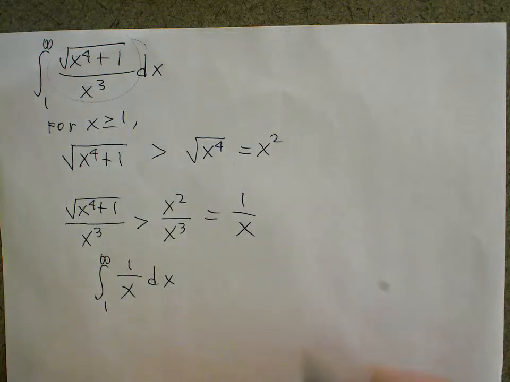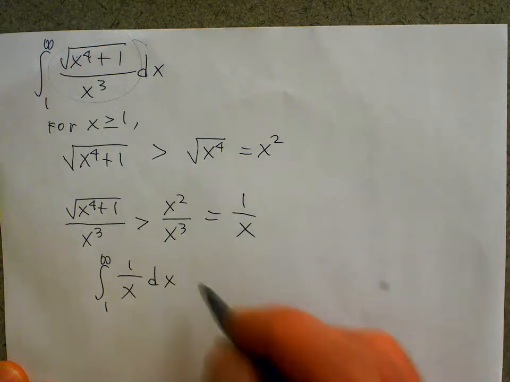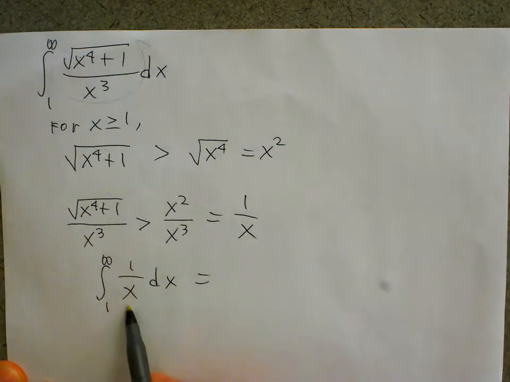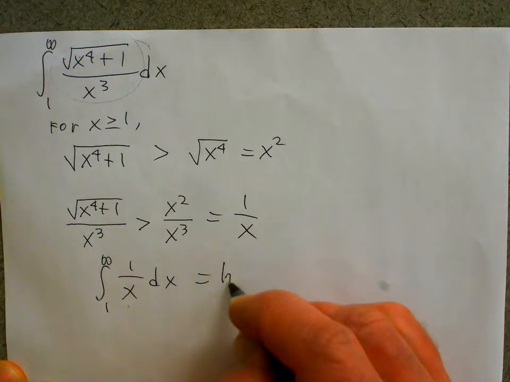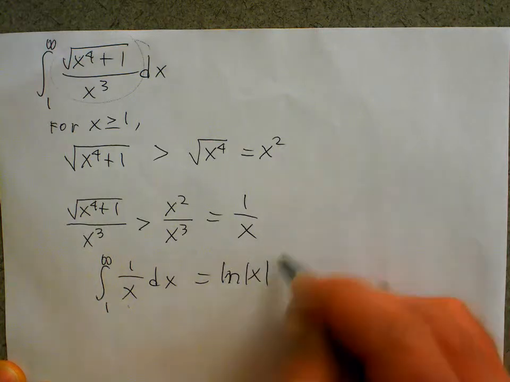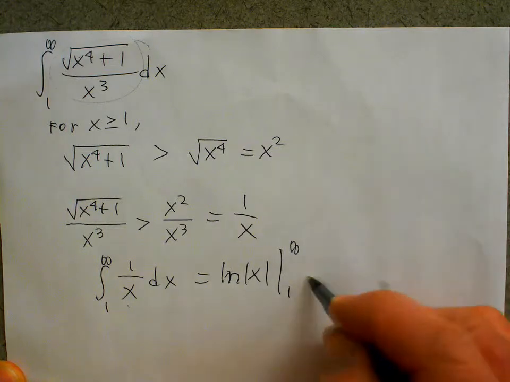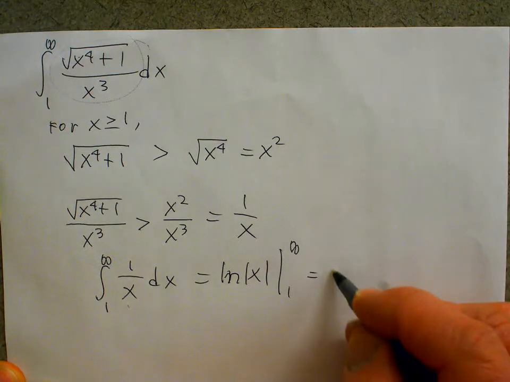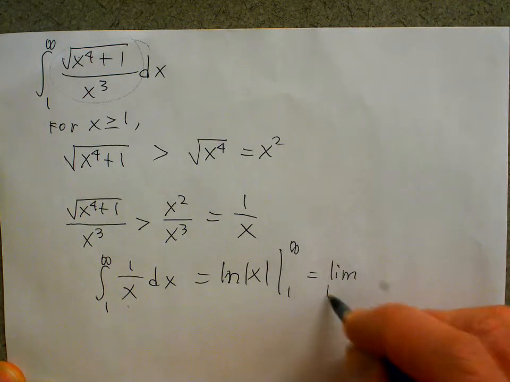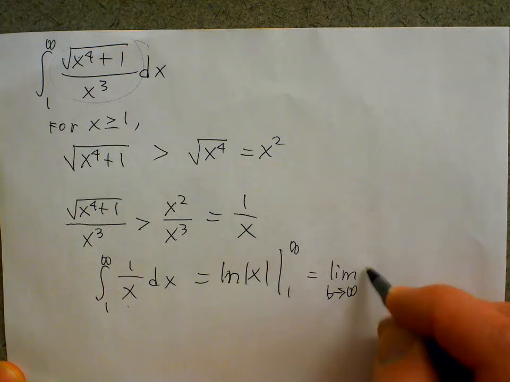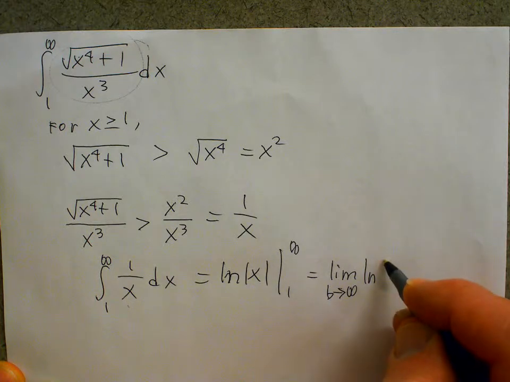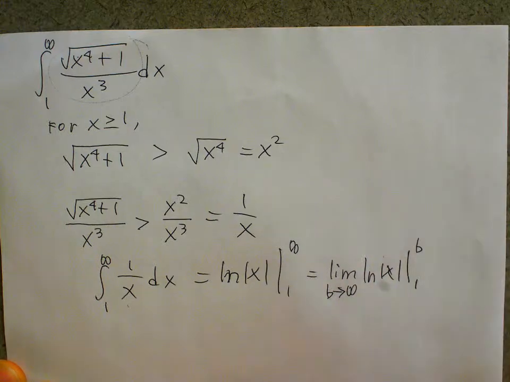And it's not too hard to prove, because an antiderivative of 1 over x is the natural log of x. From 1 to infinity, or the limit as b goes to infinity of the natural log of x from 1 to b.